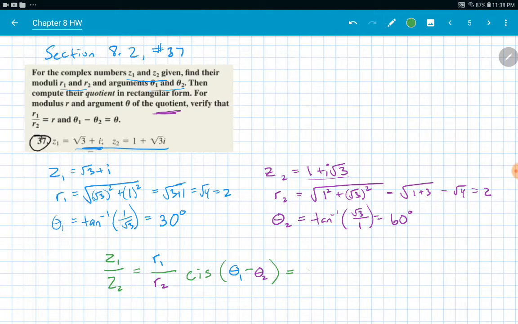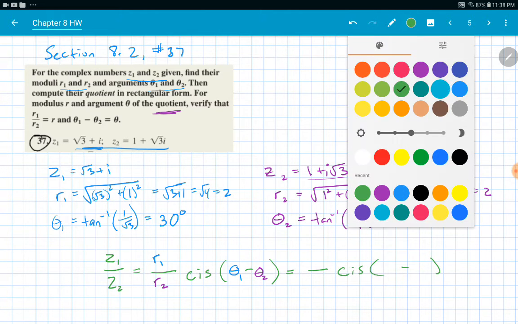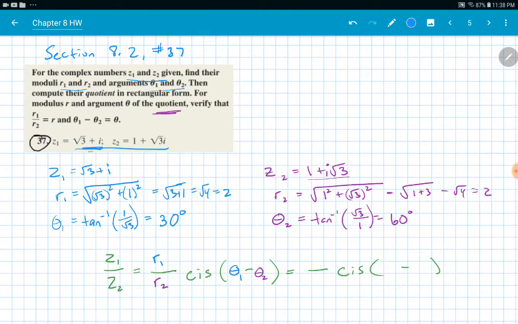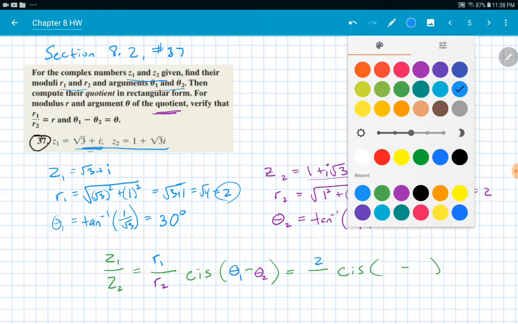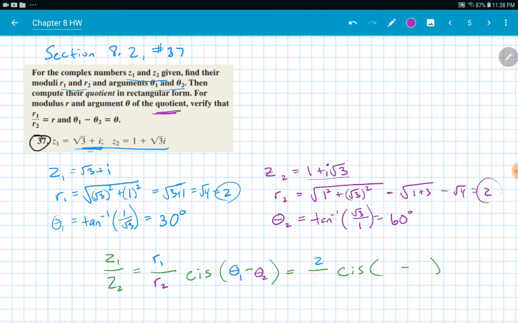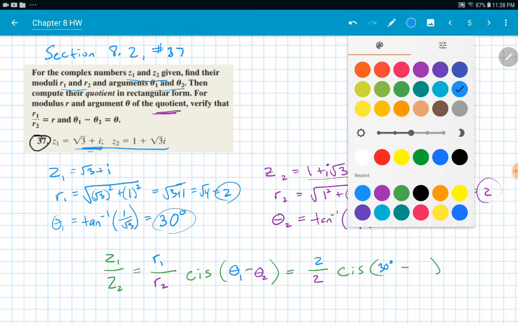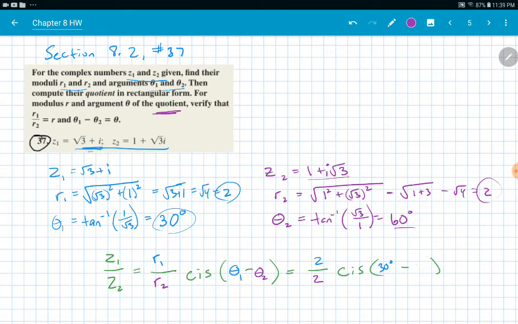And r1 is 2, and r2 is also 2. And theta 1 is 30 degrees, and theta 2 is 60 degrees.